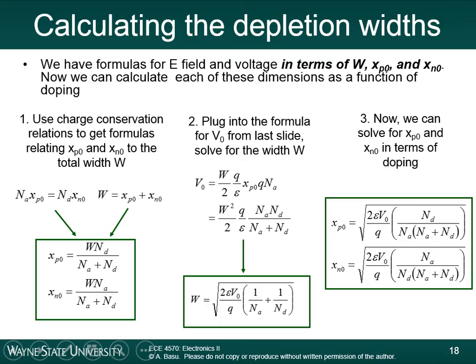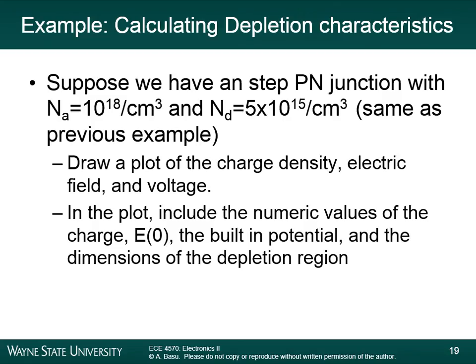It looks like it was just one, right? Nd is way bigger. So if Nd is very large, if you take the 1 over Nd, the Na term will cancel, and it will be 1 over Nd. That's correct. So again, the doping ends up being determined by the lighter doped side.